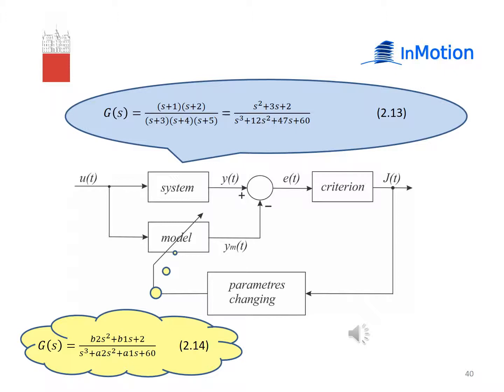The goal of the optimization is, in this case, to find the corresponding values of the parameters a1, a2, b1, and b2 so that both responses, that is, the one of the system and of the model, are as similar as possible.